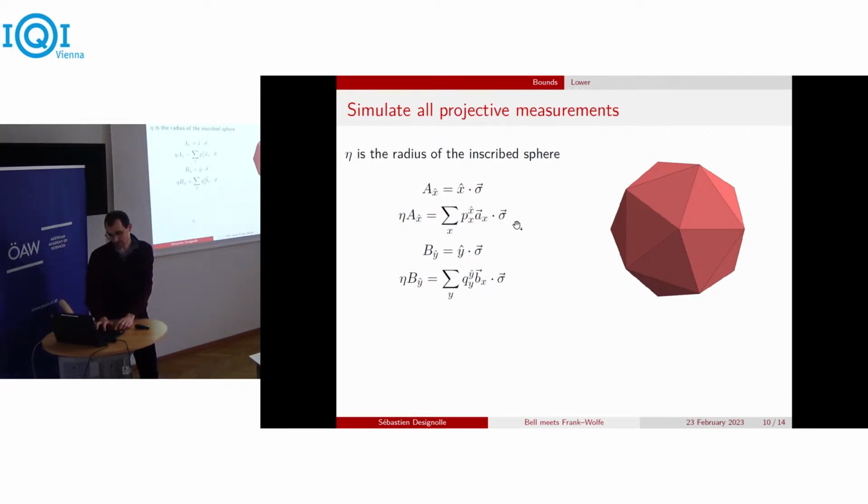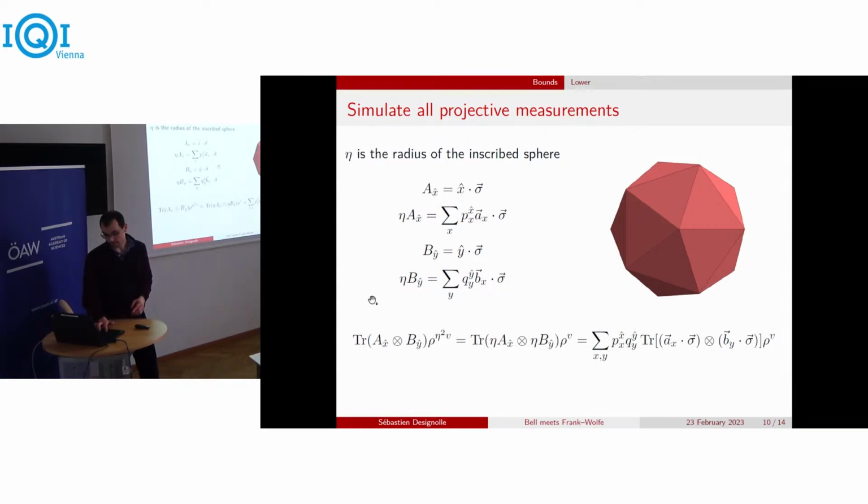This means that if you take any observable in the Bloch sphere, by adding a bit of noise to it, you can decompose it as a convex combination of the points on your polytope, on these matrices here and there.